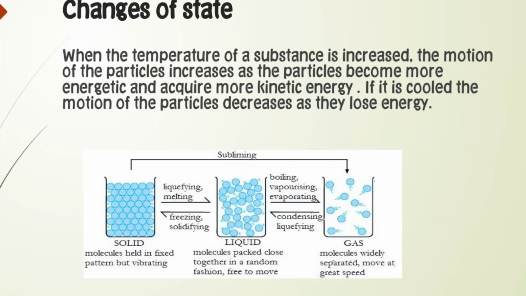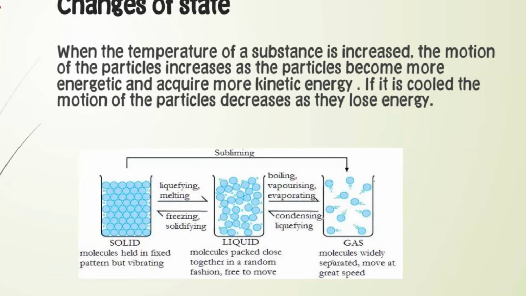Because the temperature in the freezer reduced the temperature of the liquid. The particles of the liquid lost their energy. And when they lose their energy, they become closely packed, and therefore they become solids, which is the ice.